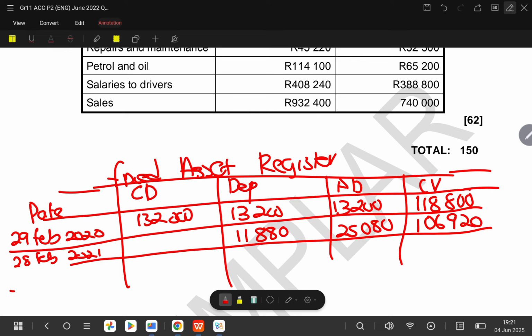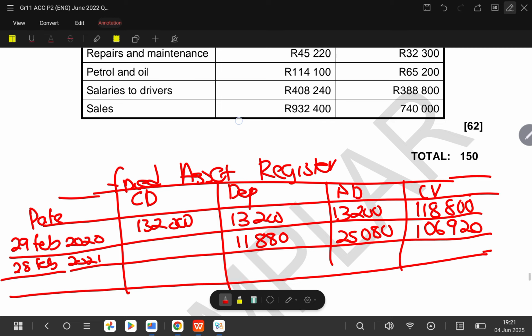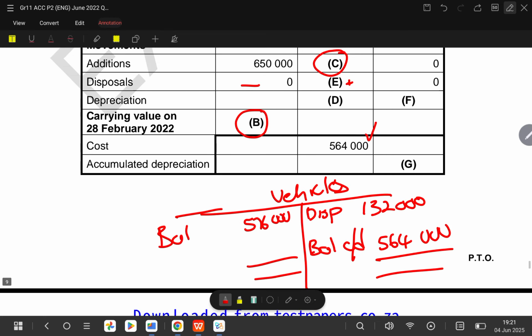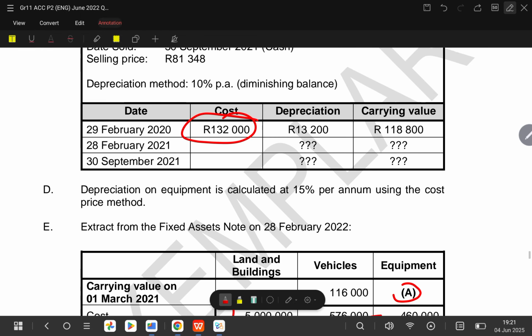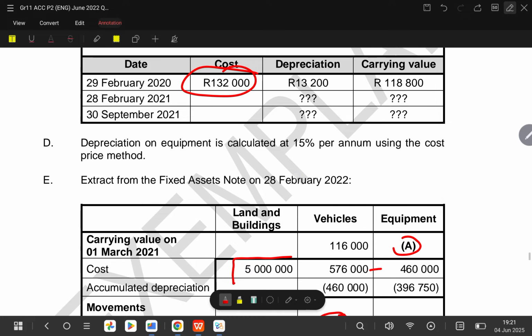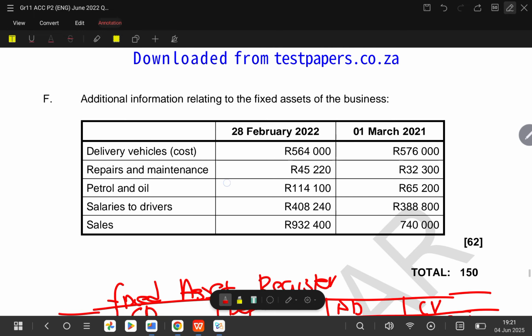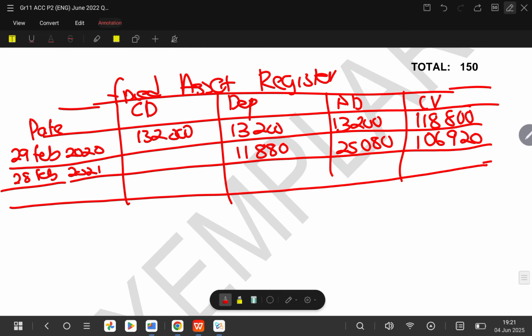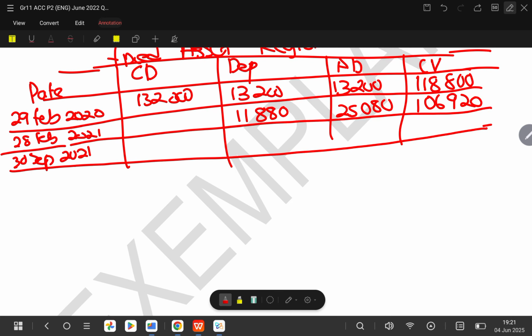106,920. And then for the present financial year that we are in, it ends on 28 February 2022, but this asset, they said it was sold on the 30th of September 2021. So we'll write the date when it was sold here: 30 September 2021. The carrying value is 106,920.